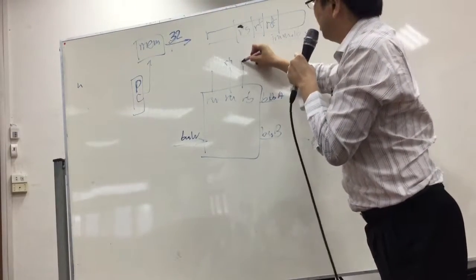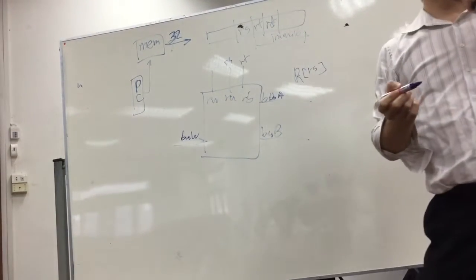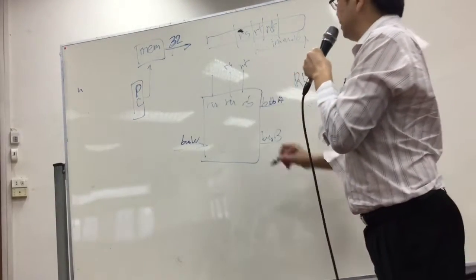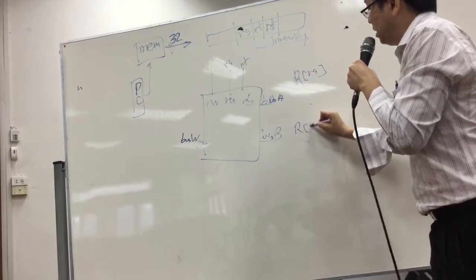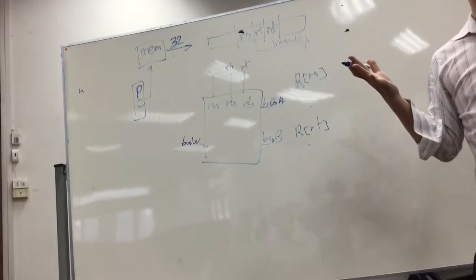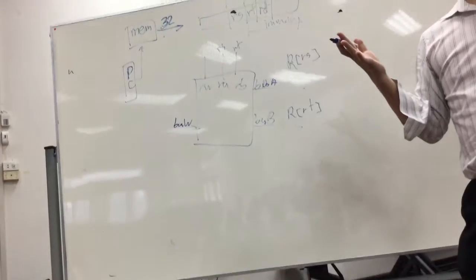I have to put RT over here. When I put RT over here, I would get RT right here in bus B. Now what?